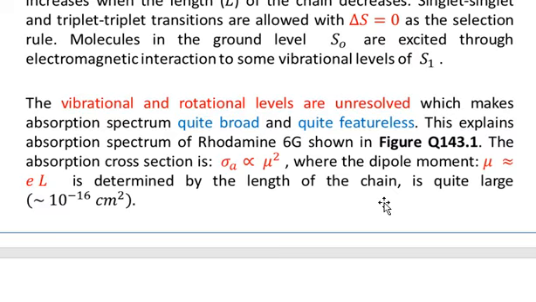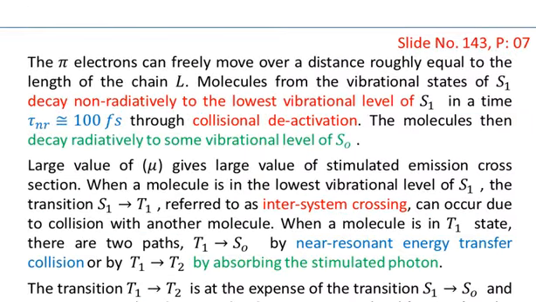So the value of mu is quite large, of the order of 10 to the power minus 16 centimeter square. So the value of sigma A, since it is proportional to mu square, is also quite large. The pi electrons can freely move over a distance roughly equal to the length of the chain. Since the pi electrons can move in the square well potential, the length of the square well potential is equal to L, so the electrons can move very freely over the length of the chain.